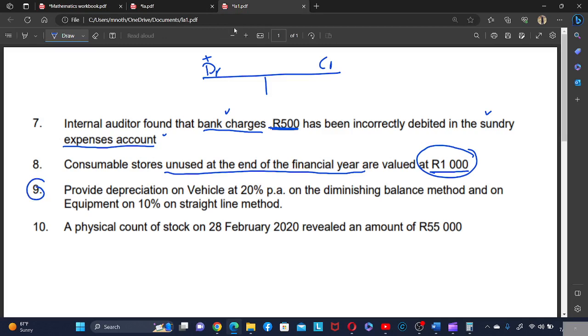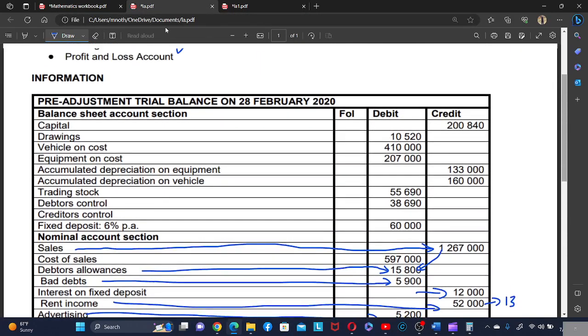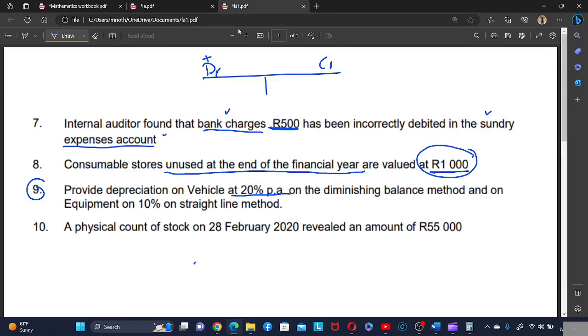Number 9. Provide depreciation on vehicle at 20% per annum on the diminishing balance method. The depreciation on the vehicles is on the diminishing balance method. So meaning that we're going to say cost price of 410,000 minus the accumulated depreciation of 160,000. It is going to be how much?